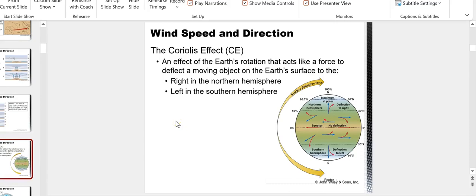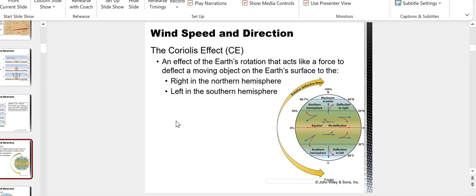The second thing that influences wind speed and wind direction is called the Coriolis effect. Coriolis effect was named after a French mathematician. So I'm not going to really task you about knowing about this particular one in a very specific manner.